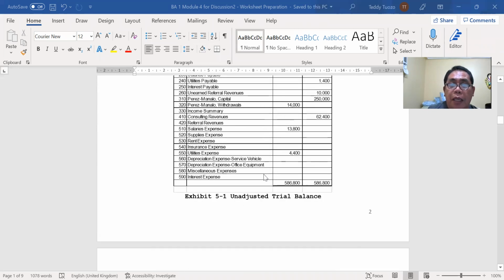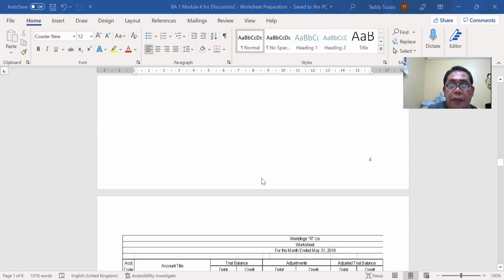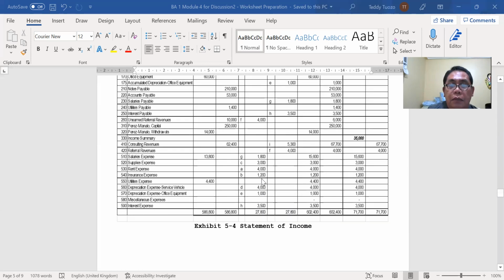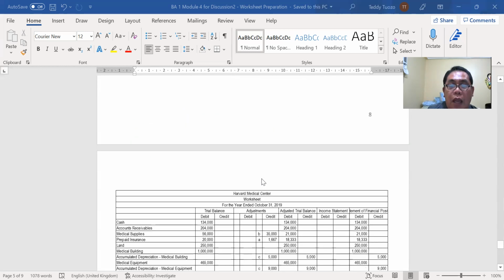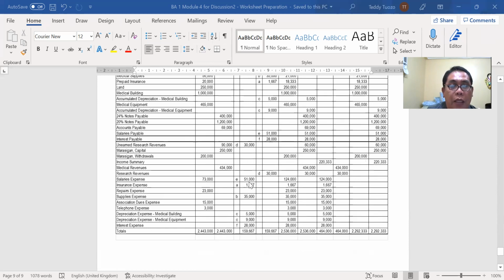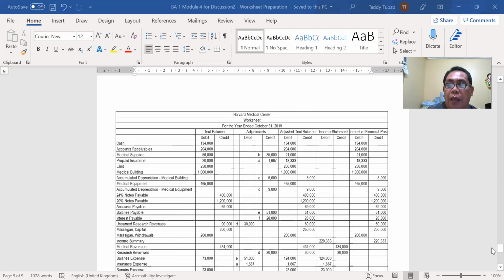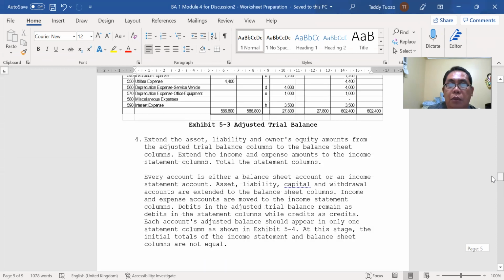What is this? Harvard Medical. My God, I can't really recall, class. Harvard Medical Center, of which the proprietor is, who is the proprietor again? This is Marasigan, no? Okay.